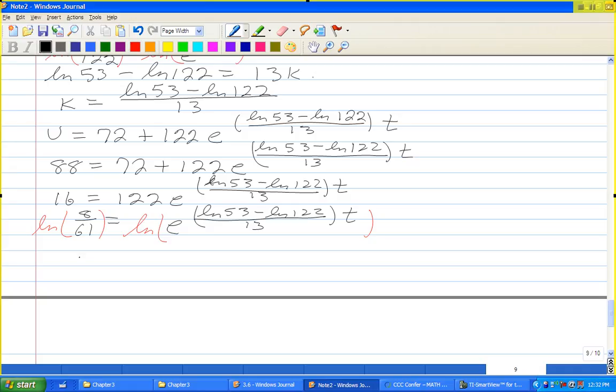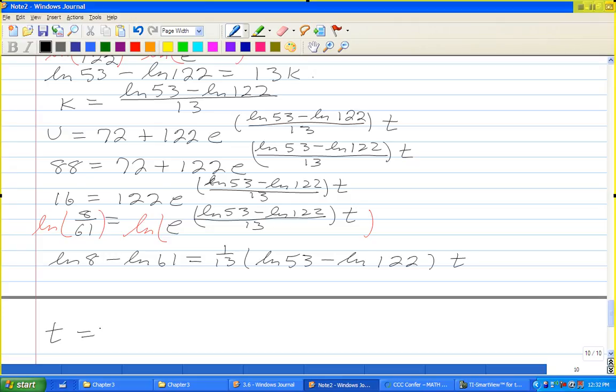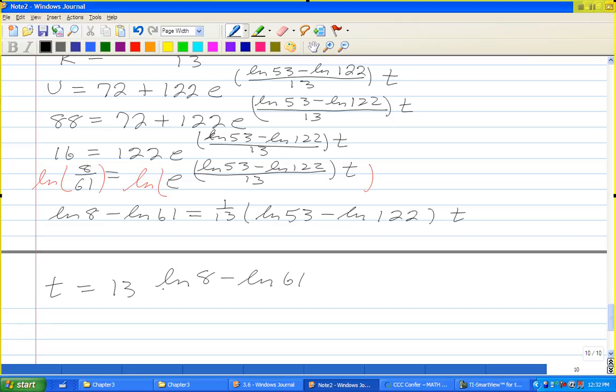So you get ln 8 minus ln 61 equals (ln 53 minus ln 122) t over 13. So t is equal to 13 (ln 8 minus ln 61) over (ln 53 minus ln 122). Good, that becomes positive now. Hours.